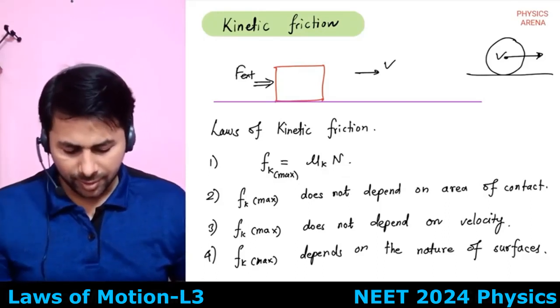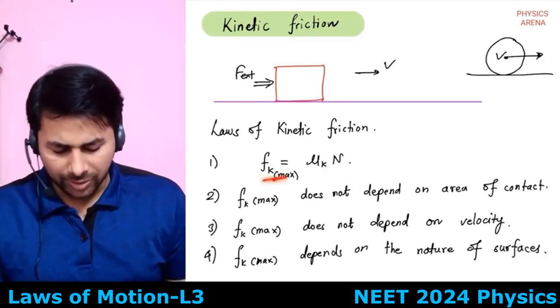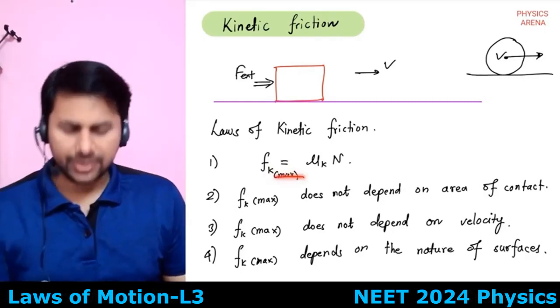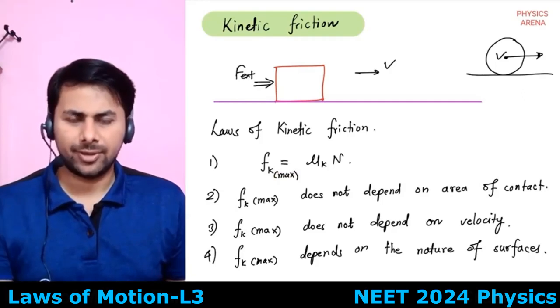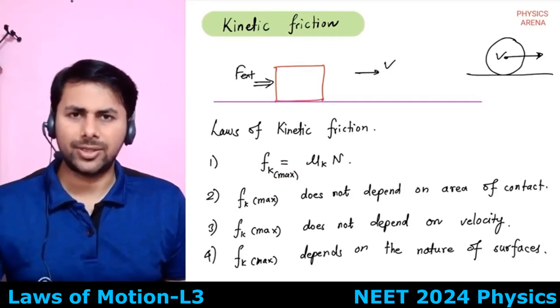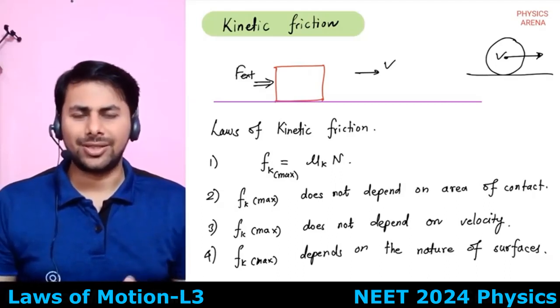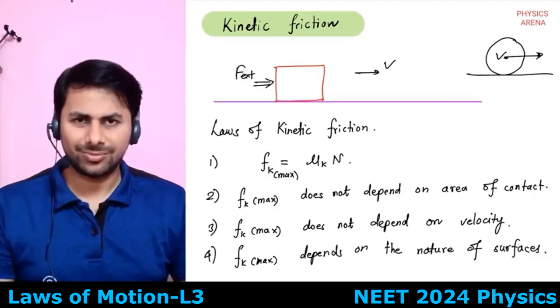Then this value will be constant, so we can consider it as just Fk. This value will be constant only, more or less. We'll never consider that kinetic friction is changing.